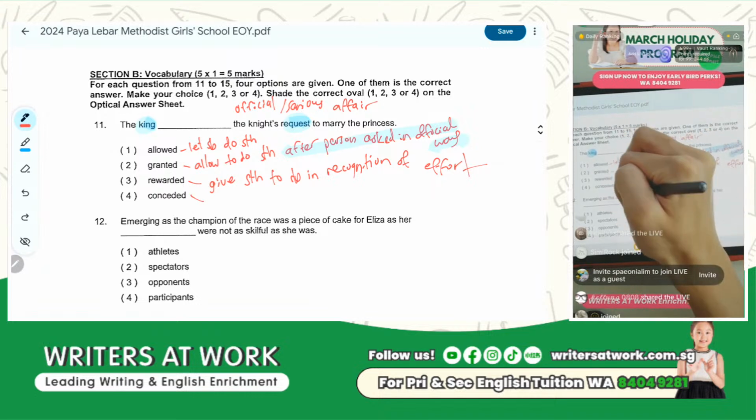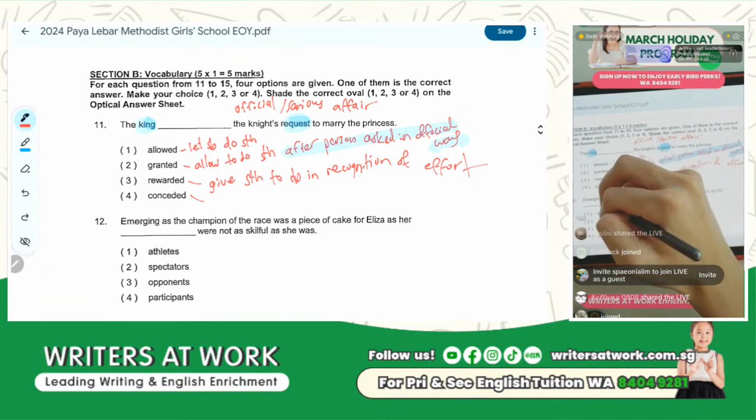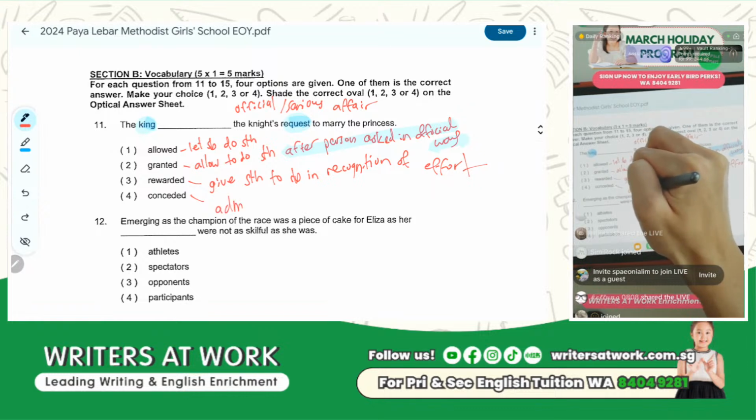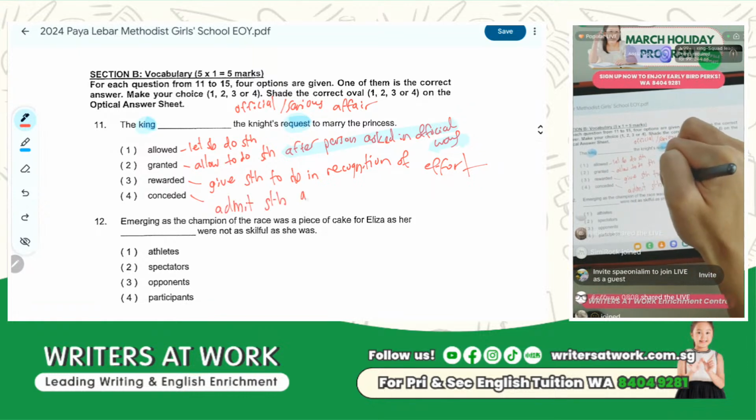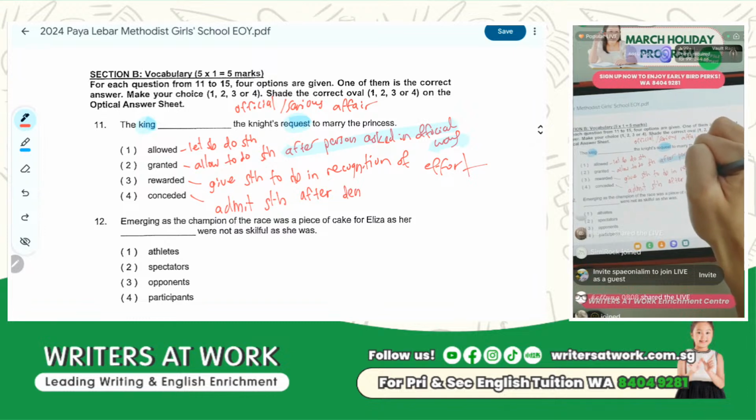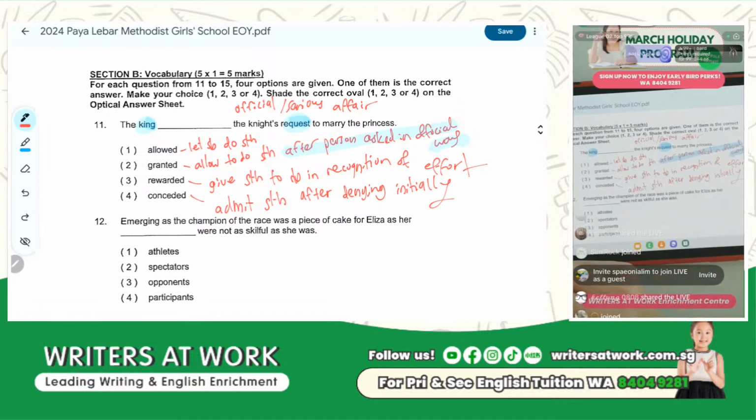Lastly, we have considered, which means that you admit something after denying initially. So usually we will say they concede defeat. That means initially you don't want to say that you lose, but after maybe you play a few more rounds of table tennis, then you realize that you cannot win. Then you just say, okay, I lose. That's when we use the word conceded.